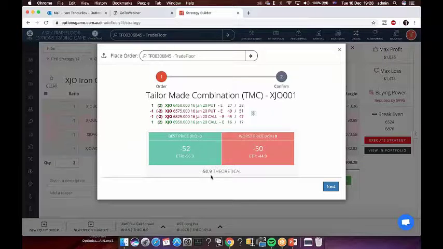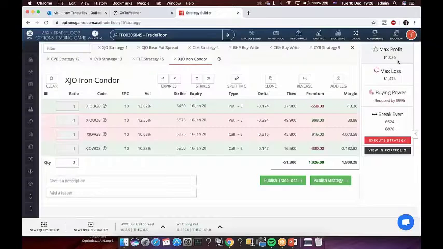Now, if you trade around the theoretical 51 point level, your maximum profit is going to be $1,000 because we're trading two lots. The maximum loss on this trade, if it goes below 64.50 or above 69.50, is around $1,500.